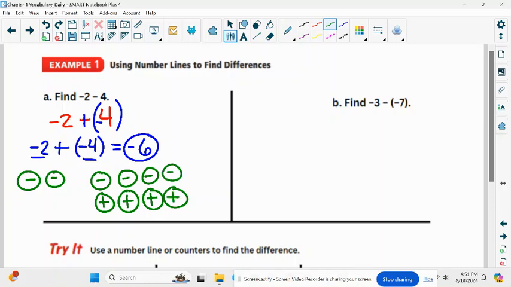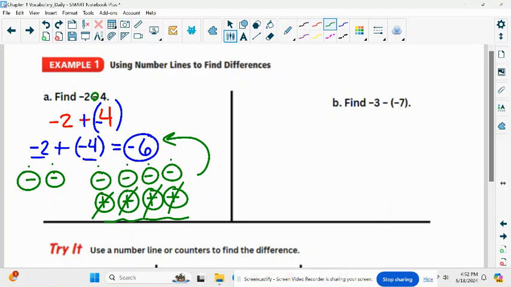Because when we look at this, we still have negative 2, okay? And this part over here is equivalent to 0. But now I can take 4 positives away. 1, 2, 3, 4. And I'm left with 1, 2, 3, 4, 5, 6 negatives, which is the answer that we got.